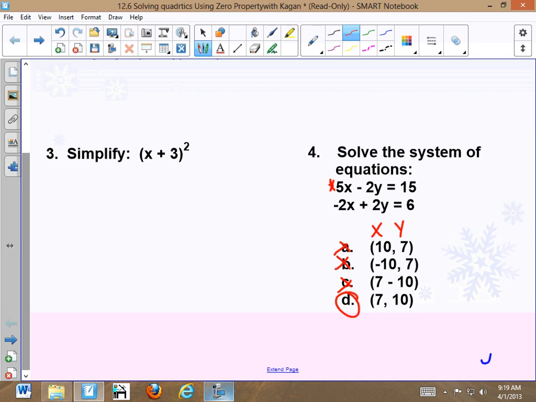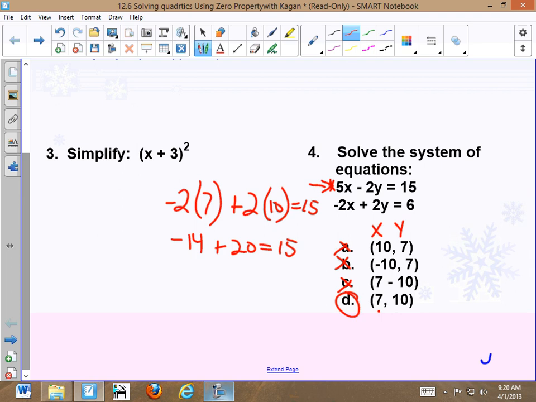But if one group of numbers works in one of them, you have to make sure it works in both. Negative 2 times 7 plus 2 times 10 equals 15. What's going on?